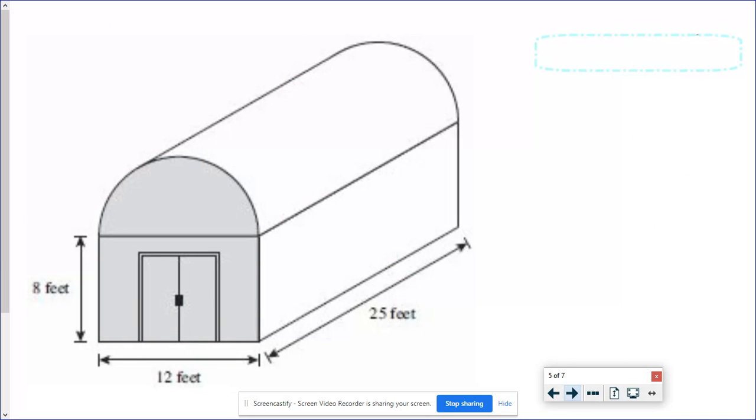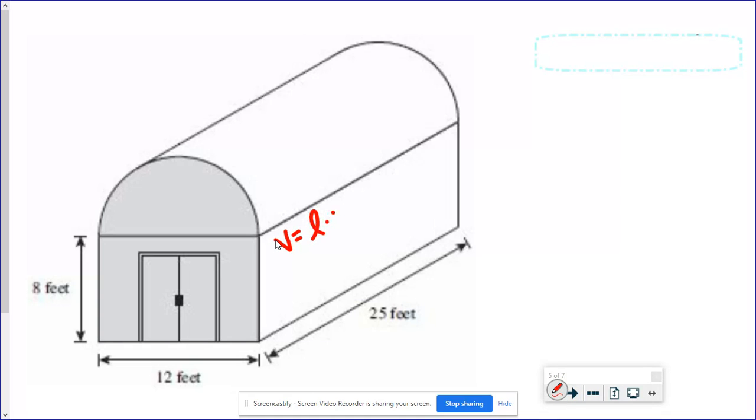This one, some buildings actually look like this with that rounded kind of a top. This is a prism on the bottom, and I know that that picture is a little bit skewed. It doesn't look quite perfect, but the bottom is just basically a box, and the top is a half of a cylinder. They cut through the center of the cylinder from one base to the other base. So we still have only a half a cylinder on this one. For the prism on the bottom, I'm just going to actually do it right in the shape.